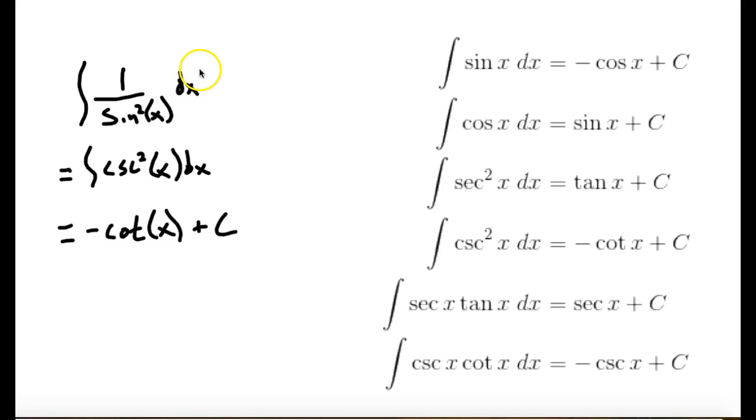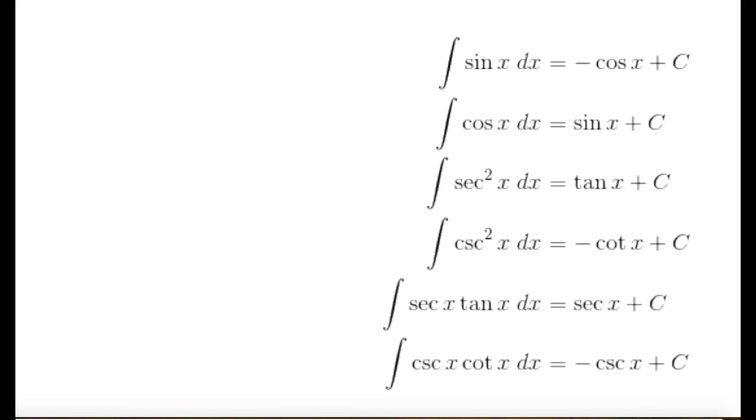So you guys try this one then. The antiderivative of 1 over secant of x dx. Well, 1 over secant is the same thing as cosine.